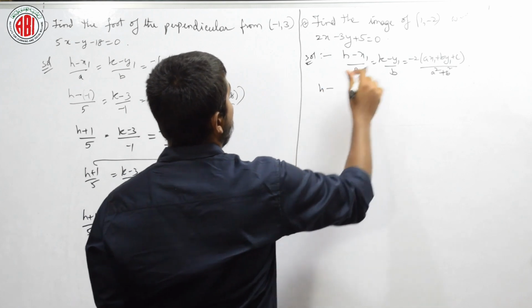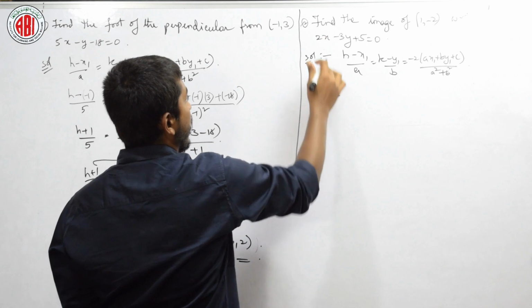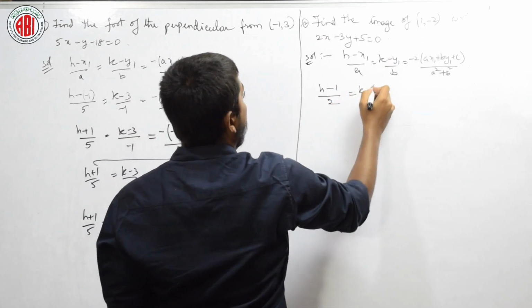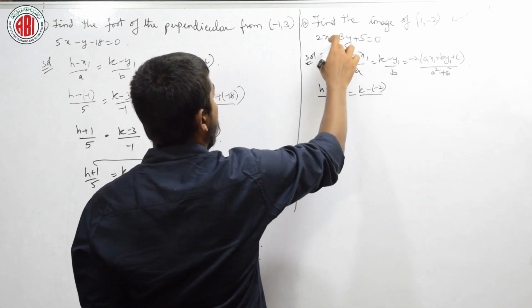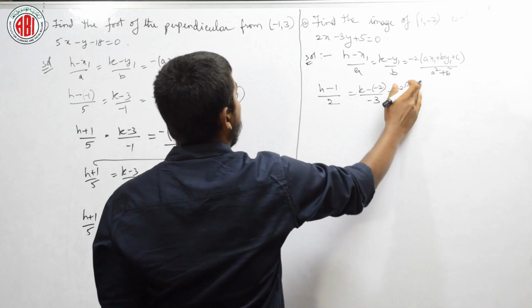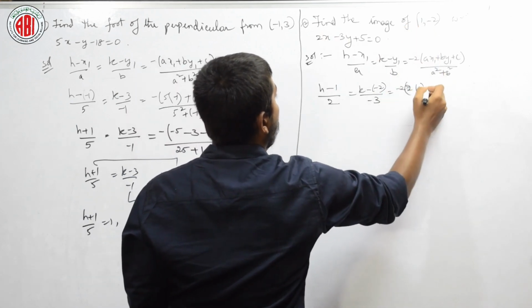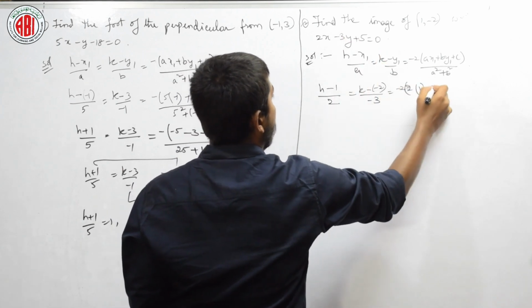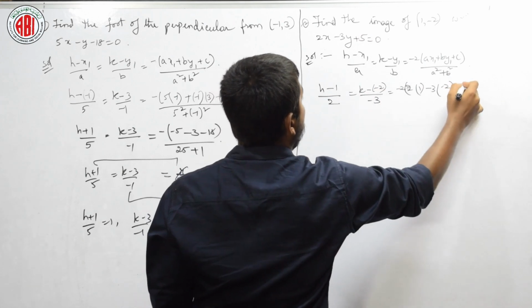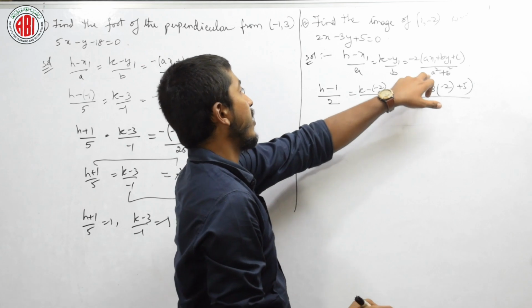That is h minus, what is x1 here? 1 by what is a, coefficient of x, 2, that is equal to k minus what is y, minus 2 by what is b, minus 3, that is equal to minus 2 into a, what is a here? 2, 2 into 1 plus what is b, 3 into y1, that is minus 2 plus 5. Is it clear? Okay.